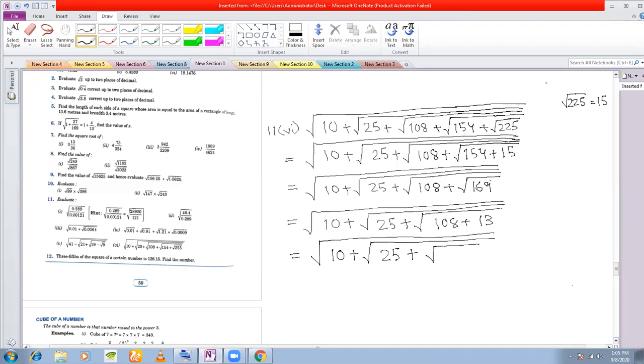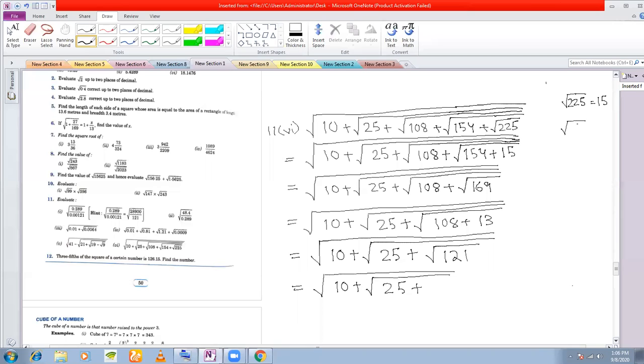154 plus 15 is 169, 108 plus 13 is 121. Okay, so this becomes root over 121 plus square root 25. And what is the square root of 121?